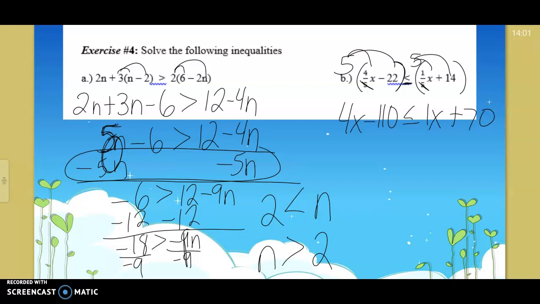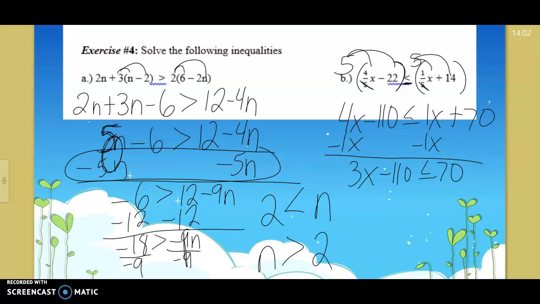So now I've got the variables on both sides, and I'm going to follow my rules. I'm going to take my own advice and move the variables to the left, which means I want to subtract 1x. And so when I finish with my answer, the variable will in fact be on the left, and I won't have to worry about doing that little last-minute switch.